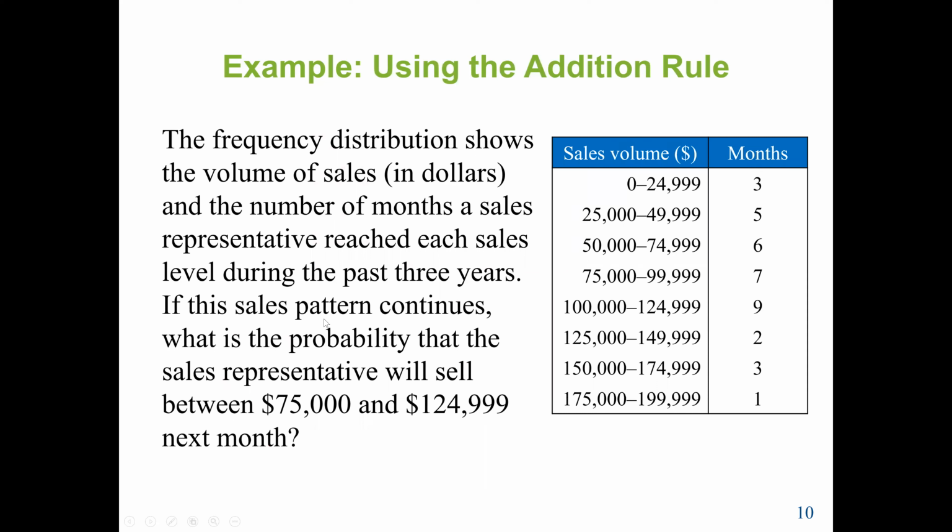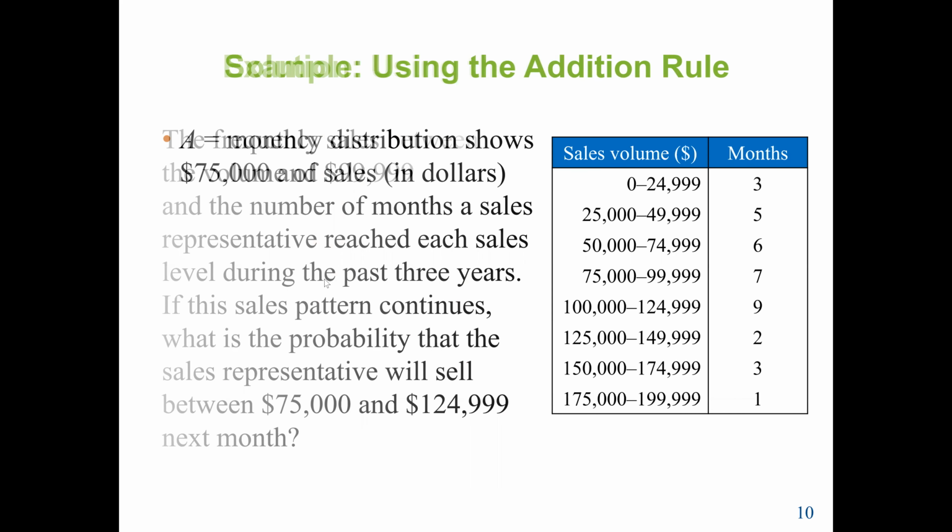Now, if this sales pattern continues, what is the probability that the sales rep will sell between 75,000 and 124,999? We can see 75,000 starts here at 7 months, then goes up to 124, so it will end somewhere here.